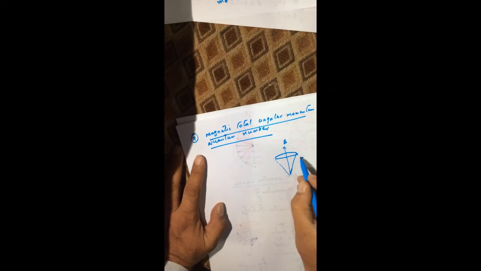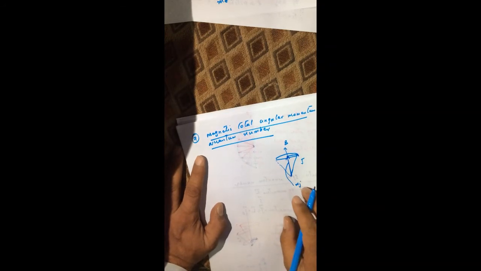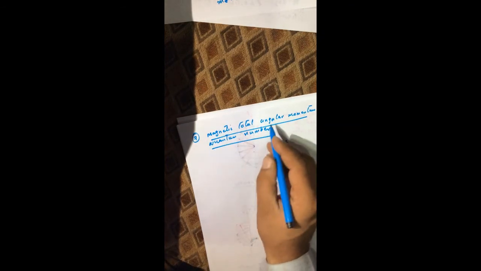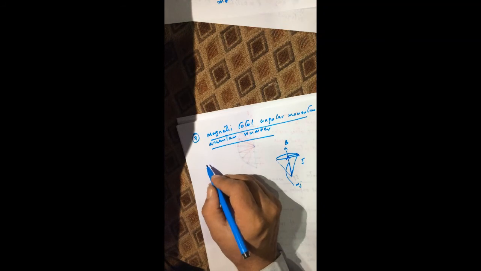If we take the projection of this total angular momentum vector along the direction of the magnetic field, then this projection from this point to this, we call it mj, and it is called the magnetic total angular momentum quantum number.